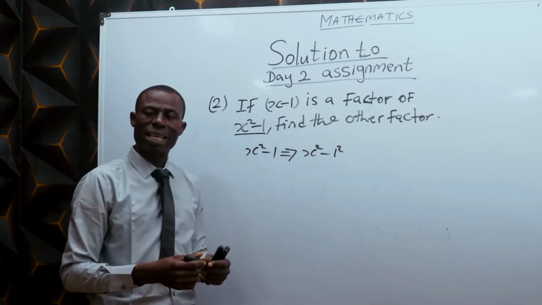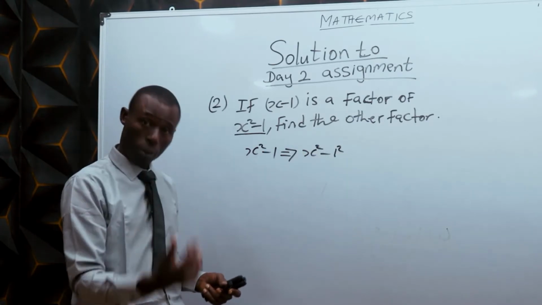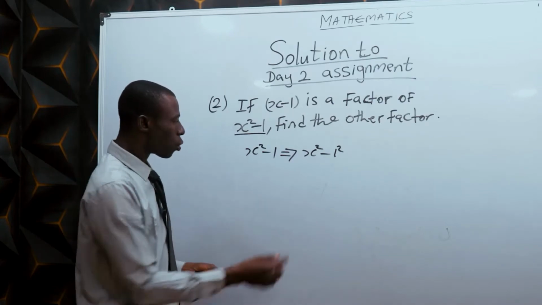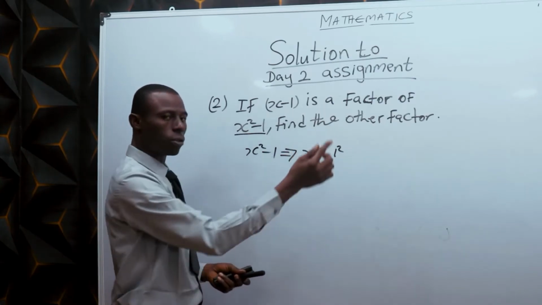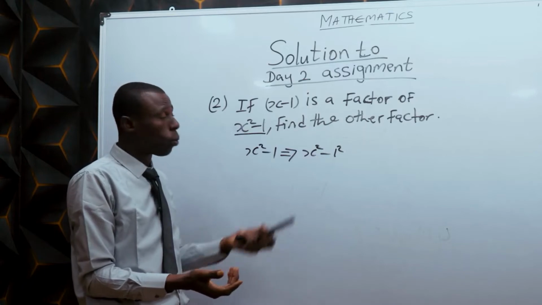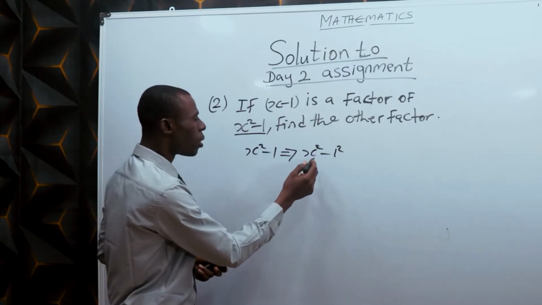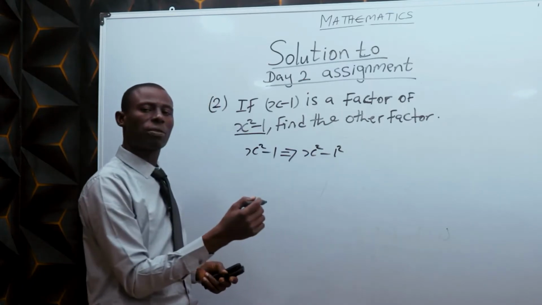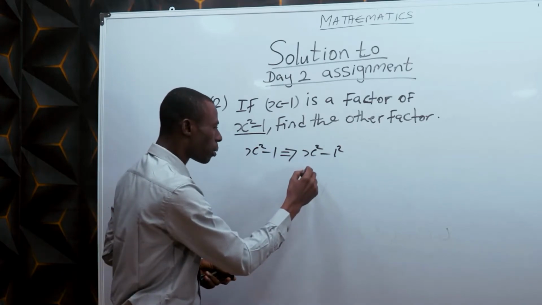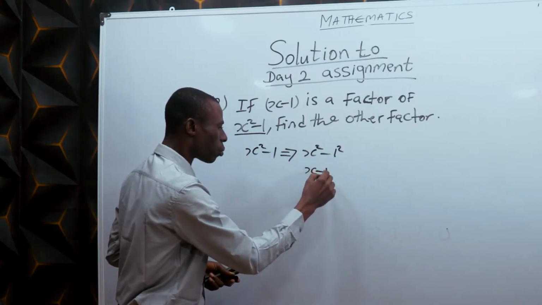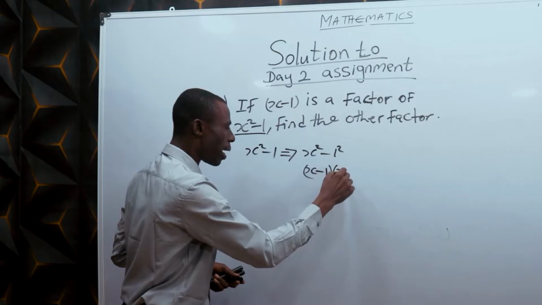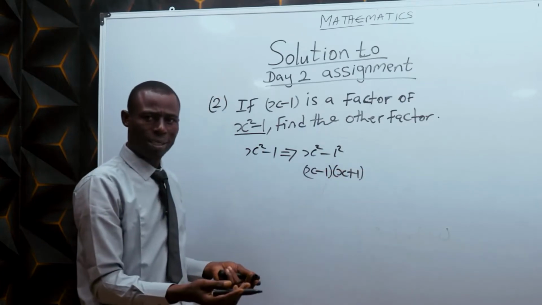Every perfect square is capable of being raised in power 2. Don't forget. 1 squared is still 1. So remember the principle of difference of two squares. This will give us x minus 1 into x plus 1. It's as simple as that.